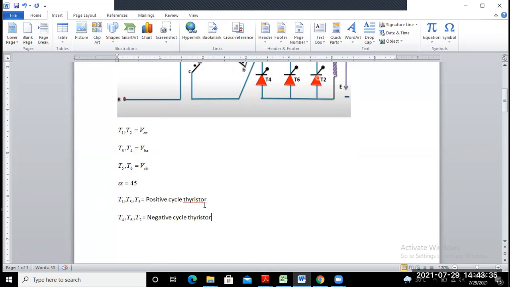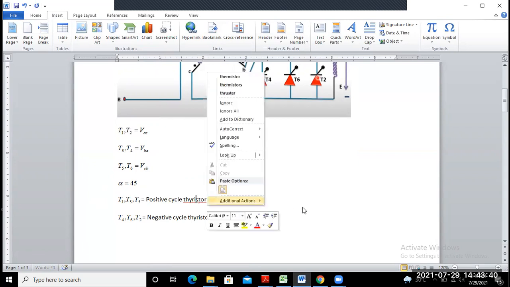All these points you should always keep in your mind.